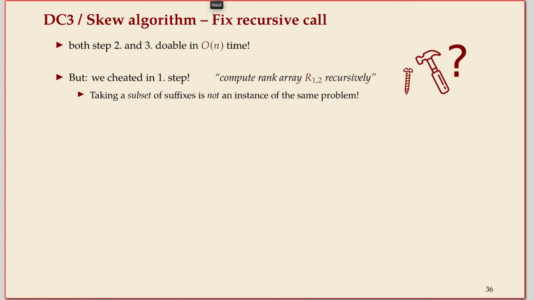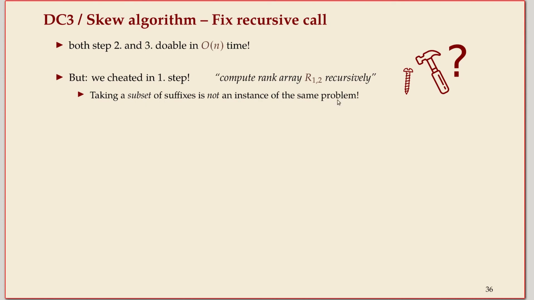But there is a problem left that, the way I presented it, you might not have noticed, but if you think about this more deeply, you will see that we cheated. In step 1, we said compute the rank of those suffixes that start not at a multiple of 3 recursively. But that's not a recursive instance of the same problem.